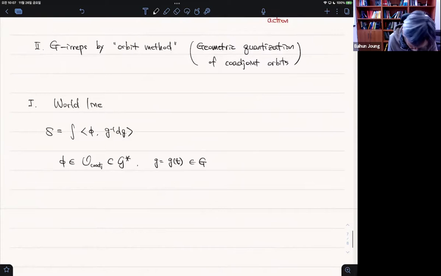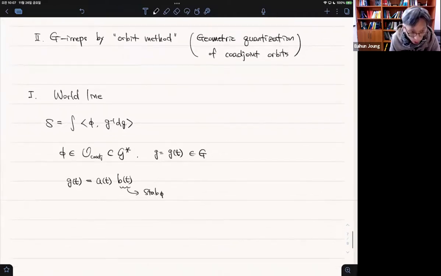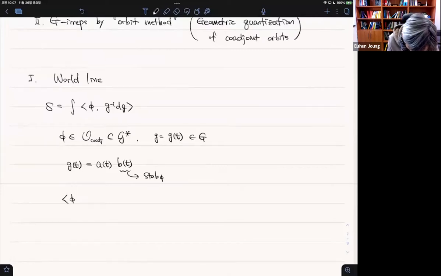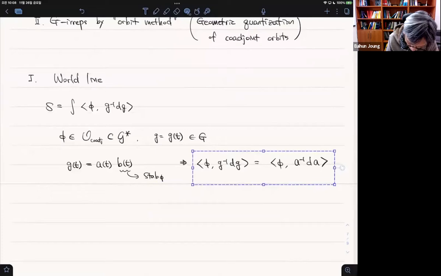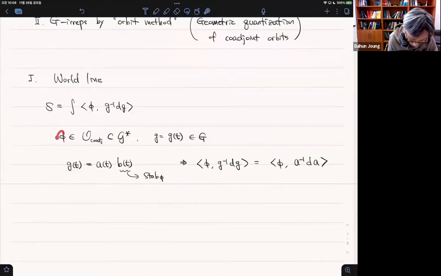So we can always decompose the group element into 2 pieces, where B belongs to the stabilizer of phi. In this way, B simply drops out in the computations. So when you do G inverse dg, it will become phi and then A dec inverse TA. In the computation there will be a dB piece, but phi does not have any component there, it's just lying in the other directions, so it's 0.